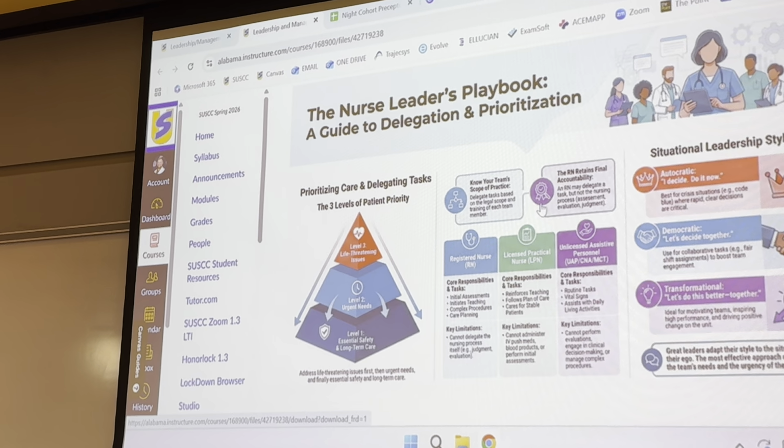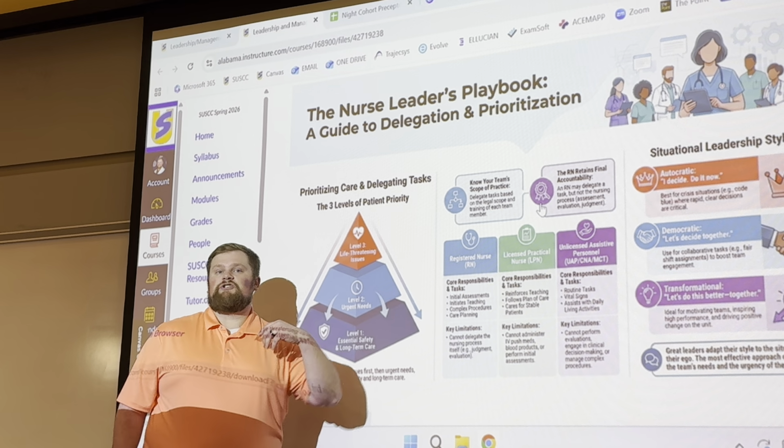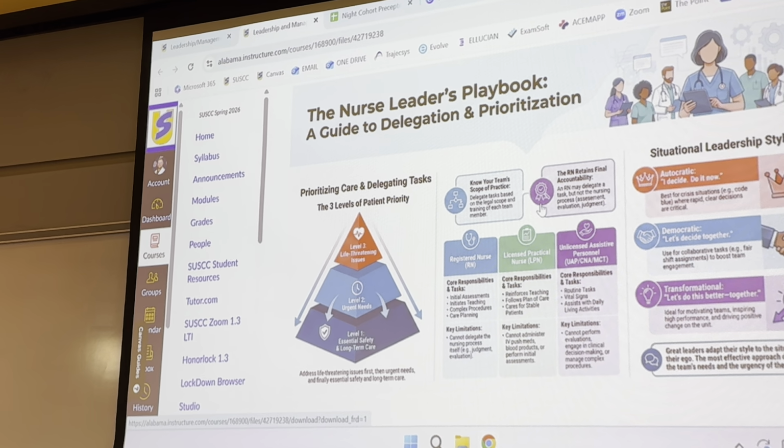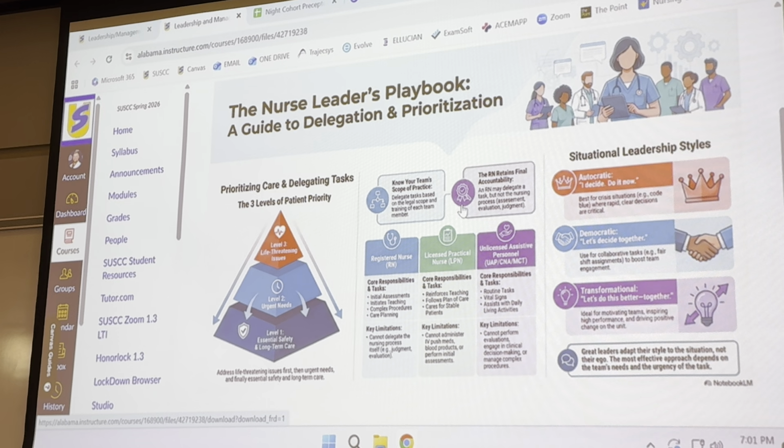It breaks down and summarizes my entire lecture into one big picture, a good visual of it. That's something new I really liked. There's also the traditional podcast, so there are a lot of good resources for your leadership and management material.